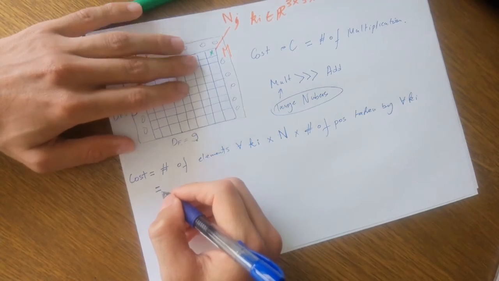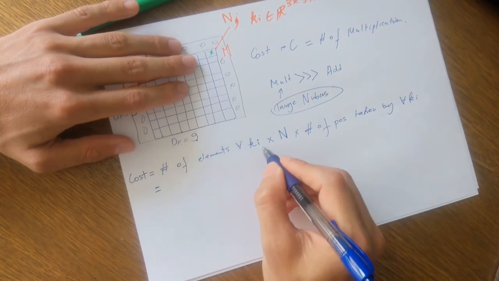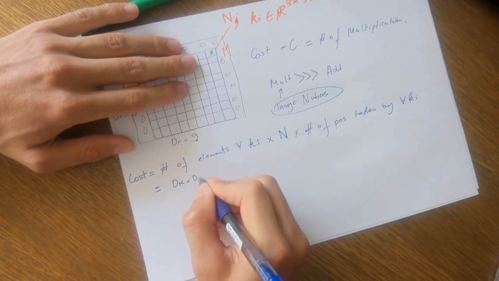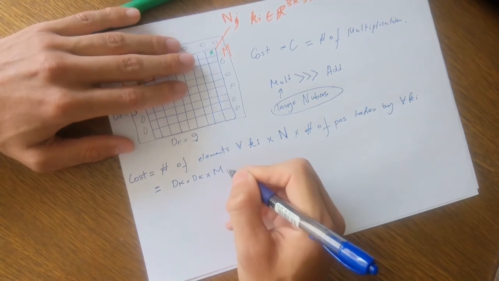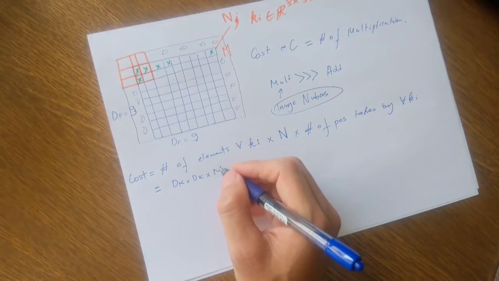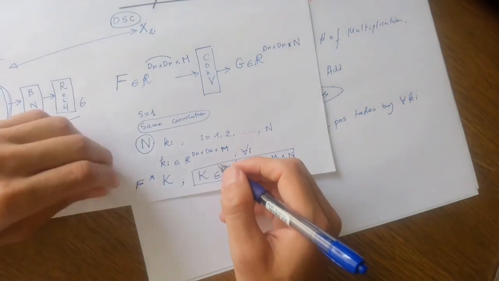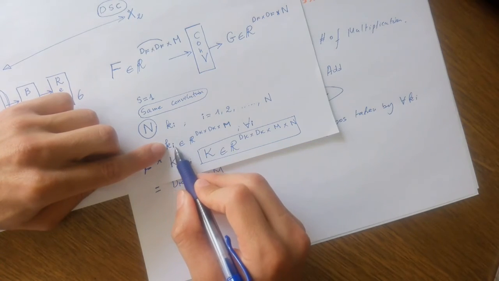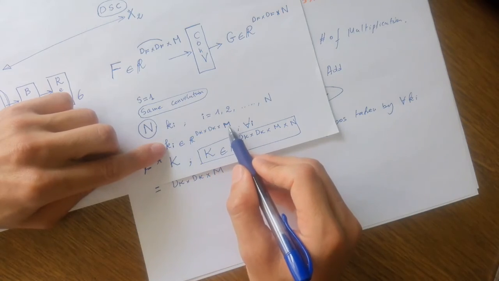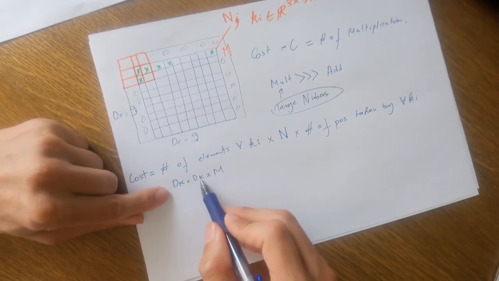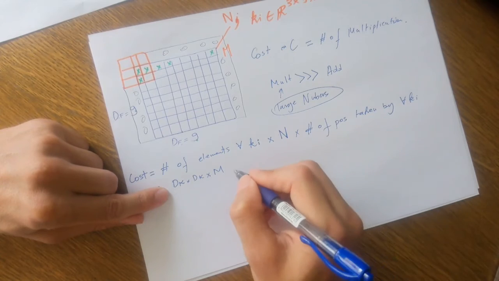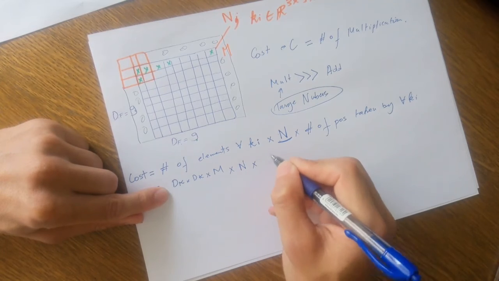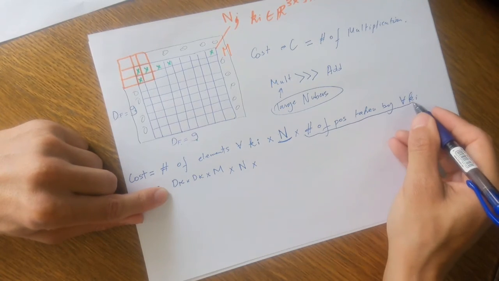Well, given the notations we have, the number of elements of each kernel ki is equal to dk times dk times m. This is something that I just explained. So I said earlier that the dimensions of each kernel ki is dk times dk times m. Therefore, the number of elements in each kernel is dk times dk times m, multiplied by the number of kernels, which is n, then multiplied by the number of positions taken by each kernel.